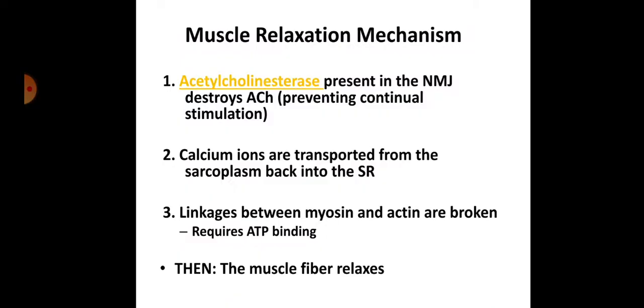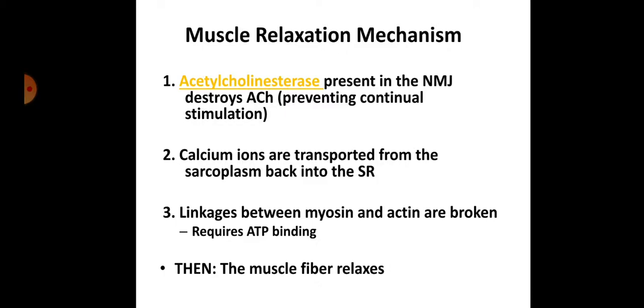The muscle relaxation mechanism can be said as follows. First, acetylcholinesterase, an enzyme present in the neuromuscular junction, destroys acetylcholine, preventing continual stimulation of the muscle fiber.